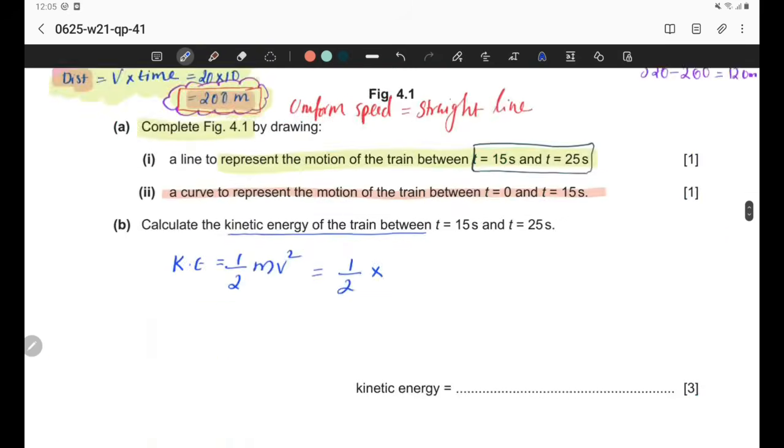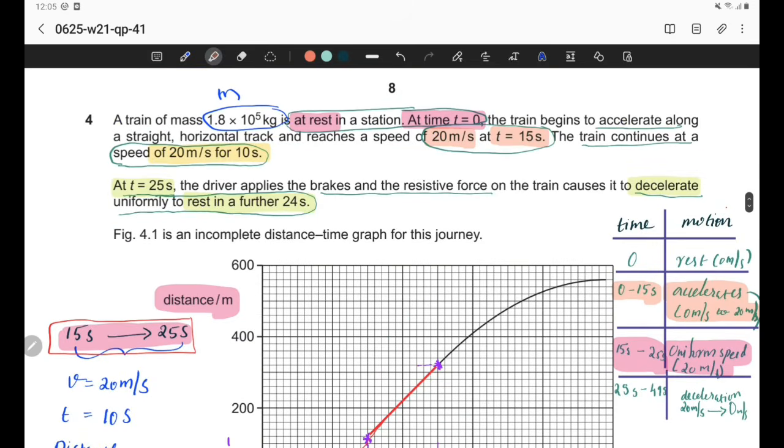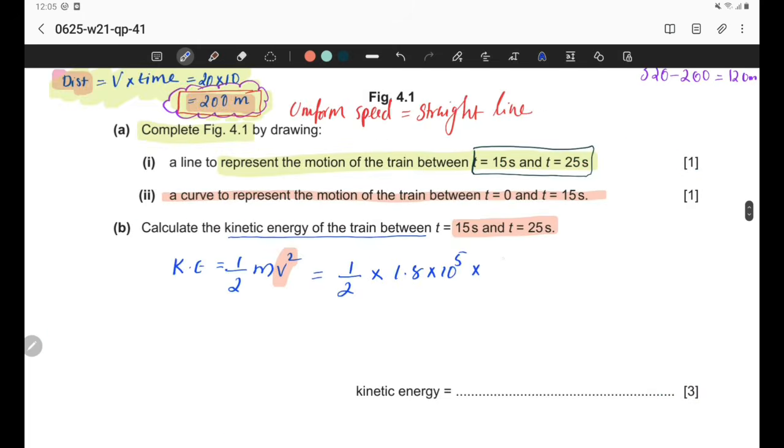So we can substitute mass 1.8 into 10 to the power 5 times what is the velocity. Velocity of the train during this time interval 15 to 25 seconds, we already know that is mentioned, which is 20 meter per second. So we have the velocity which is 20 meter per second, and we have to square it because it's v square.